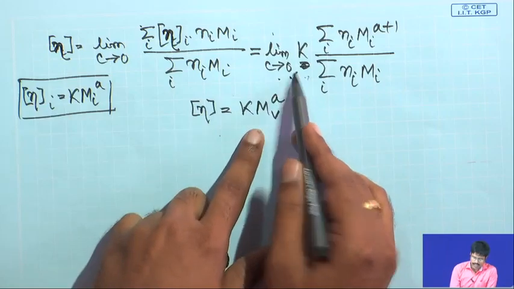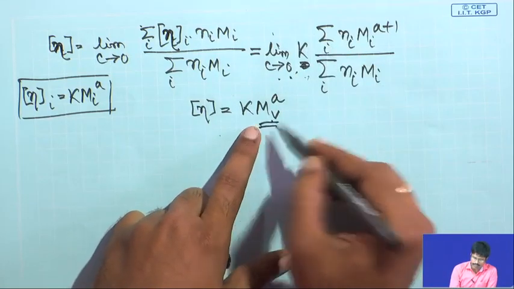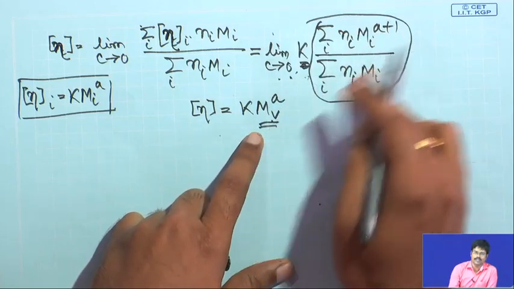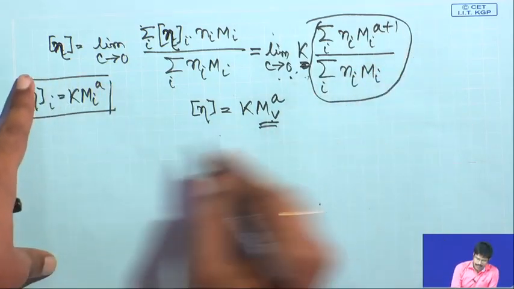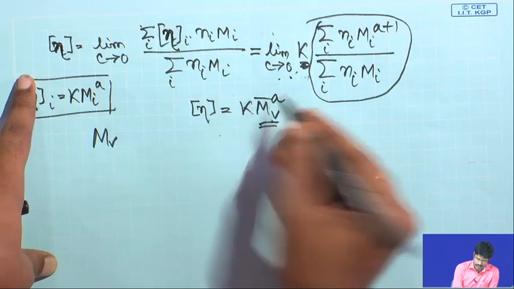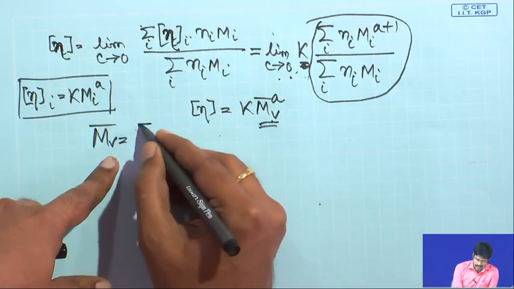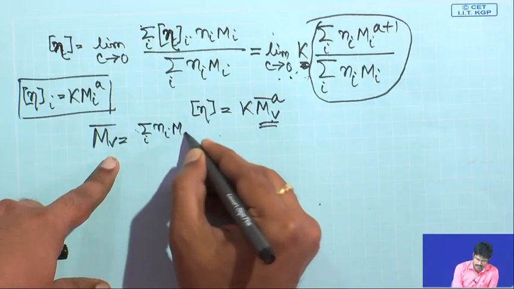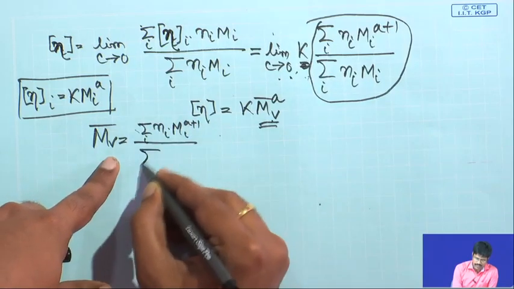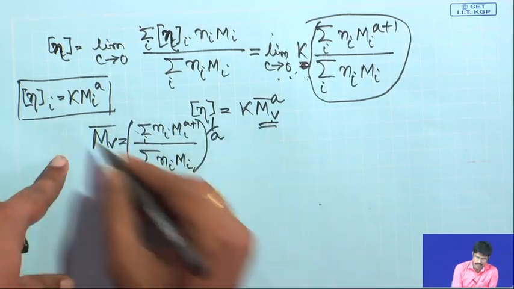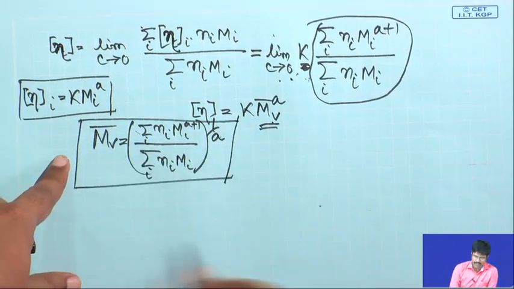So, that will be K into M V to the power A. This M V to the power A is nothing but this value, if you see the correlation here. So, that means your M V, I am just putting bar again here just to make sure it is uniform, is sum over I N I M I to the power A plus 1 divided by sum over I N I M I to the power 1 divided by A.